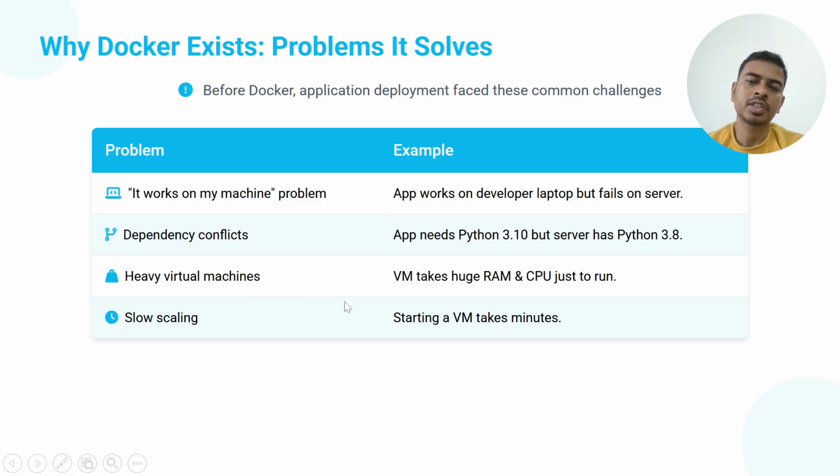Then there is the heavy virtual machine. A VM takes huge RAM and CPU just to run, but with Docker we install Docker on the host, then install the container, and inside the container we use the application, database and other things. Next is slow scaling and startup. A VM takes minutes to start, but with Docker we can start directly. Then it is difficult to replicate the production environment and hard to create the exact same environment.